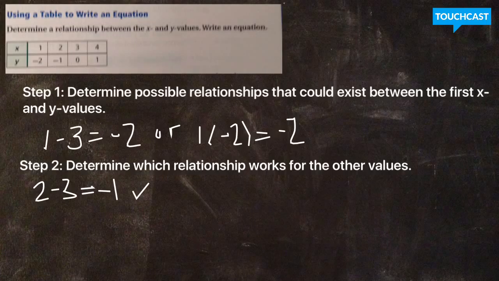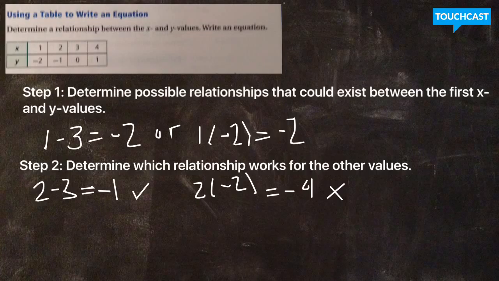We could also go 2 times -2. 2 times -2 is -4. That is not the value we want, but we're going to still test this for every single point we have, just to make sure that they both work or they both don't.